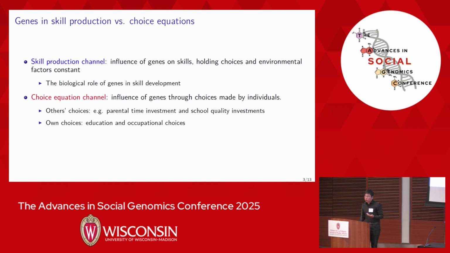So here we want to include parental investments as well as school quality investments as the major choices in this period. But when they become adults, there will be more sequential choices such as education or occupational choices. All these choices matter a lot in determining your occupational and career trajectory, and therefore contribute to lifetime earnings.